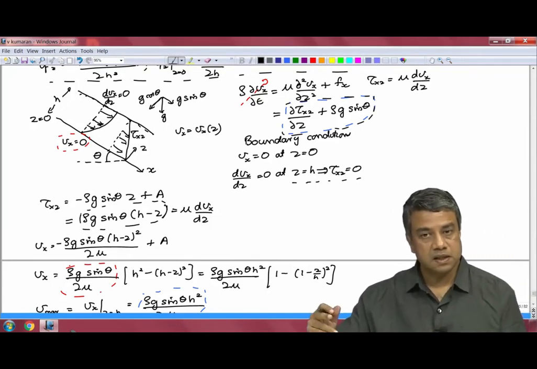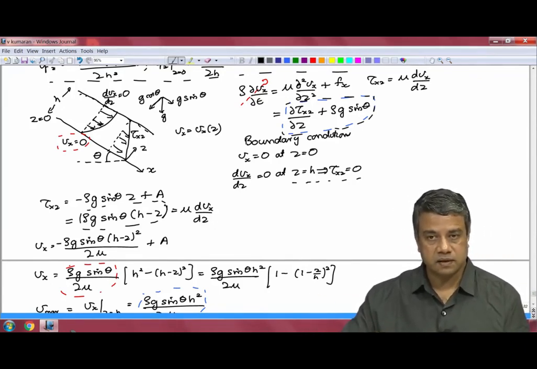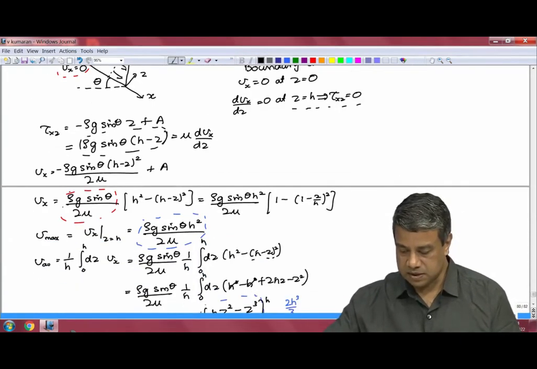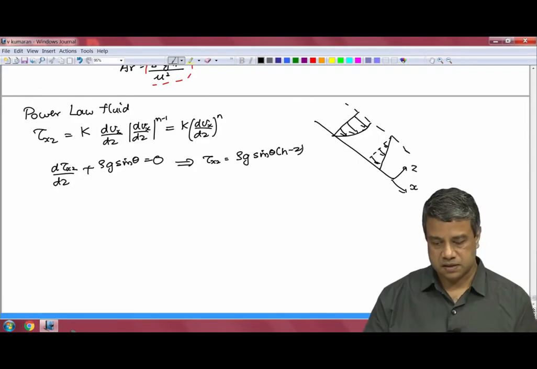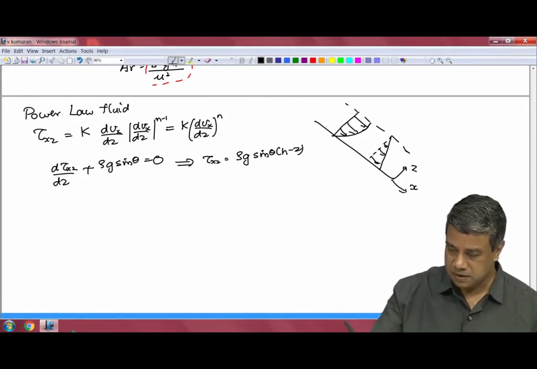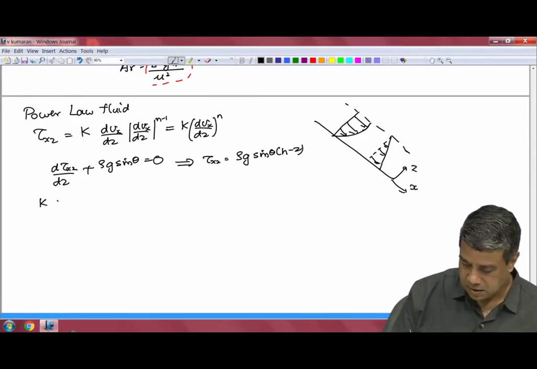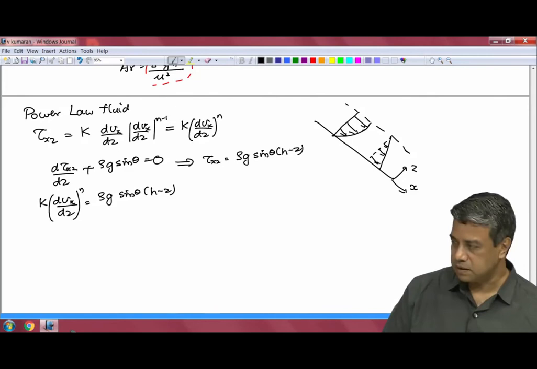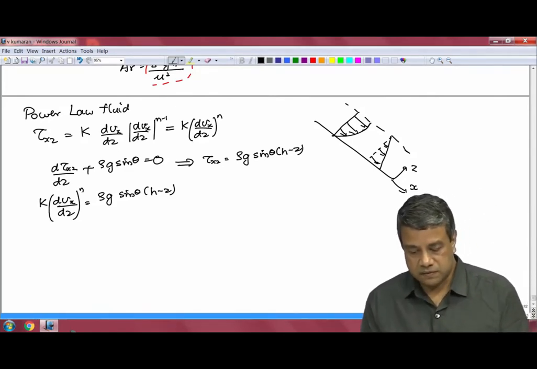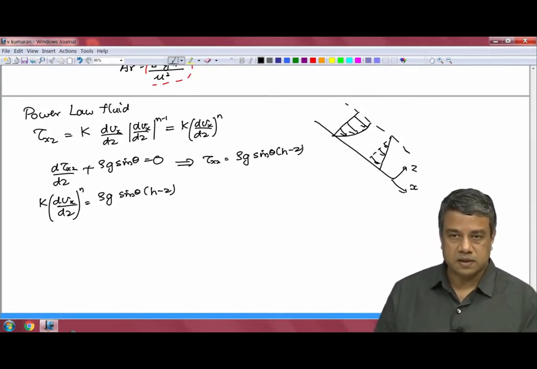The relation between the stress and the velocity is now different, and because of that the velocity profile changes. In this particular case, k dvx by dz whole power n is equal to rho g sin theta into h minus z, and I had missed out an n power here. Using this I have to calculate the velocity.